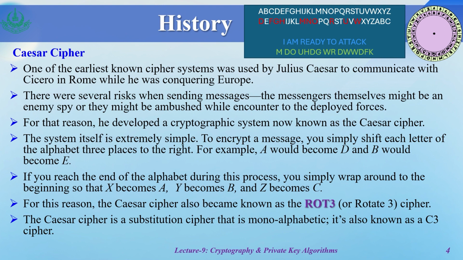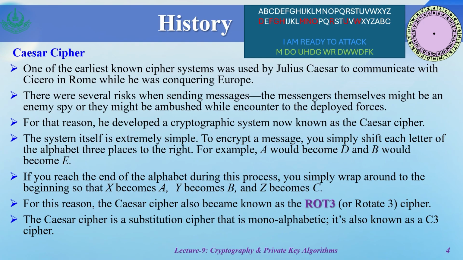To encrypt a message, you simply shift each letter of the alphabet 3 places to the right. For example, A goes to D and B becomes E. If you reach the end of the alphabet during this process, you simply wrap around to the beginning, so X becomes A, and similarly Y becomes B and Z becomes C. For this reason, the Caesar cipher also became known as ROT 3, or rotate 3 cipher.